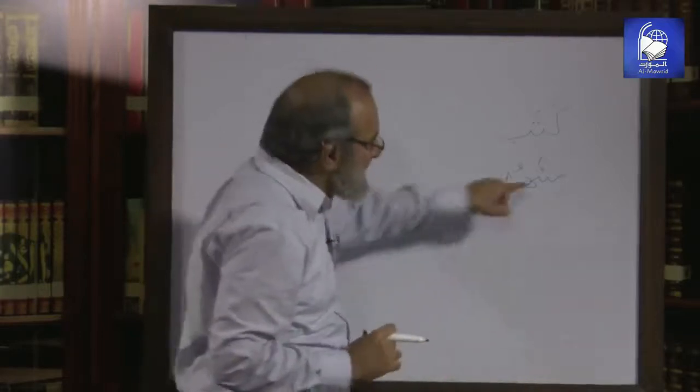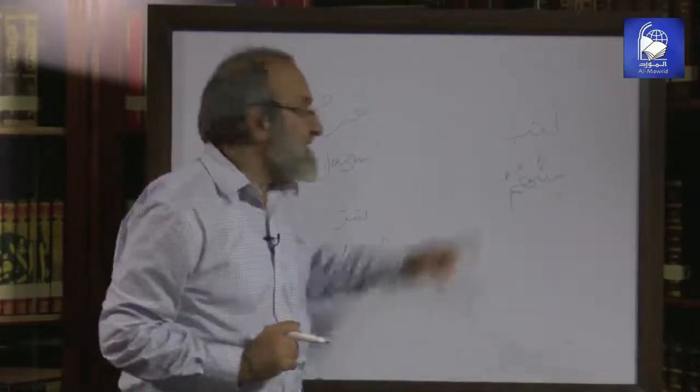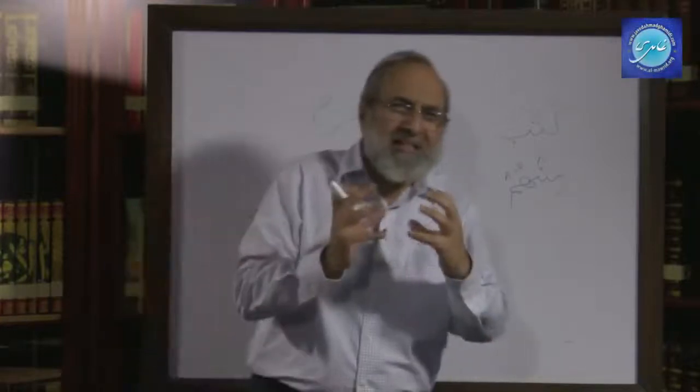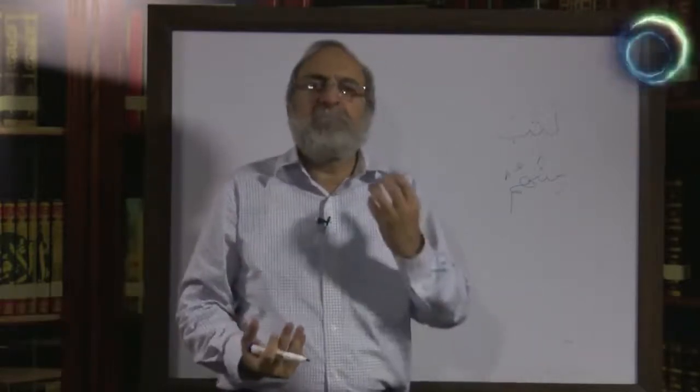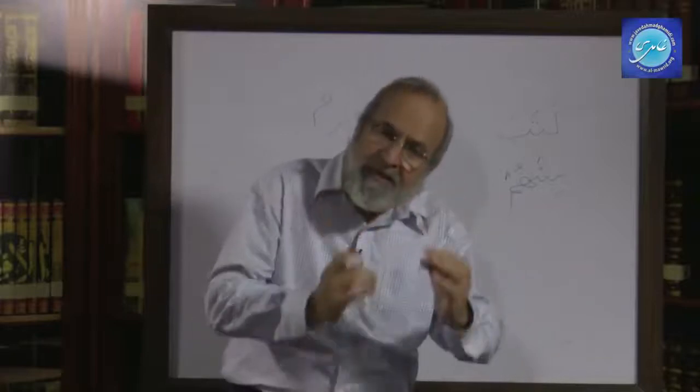But the next letter, noon, has a jazm, which really just makes the flow broken. It breaks. It just stops. So it's min. It's not mini, mina, minu. It's min, as if it comes to a halt.